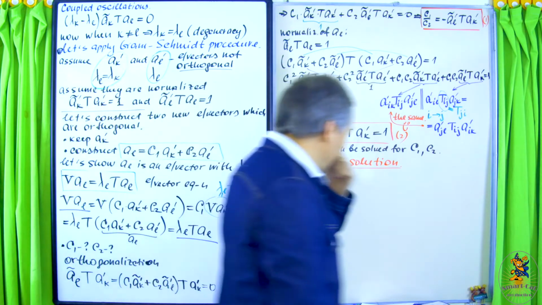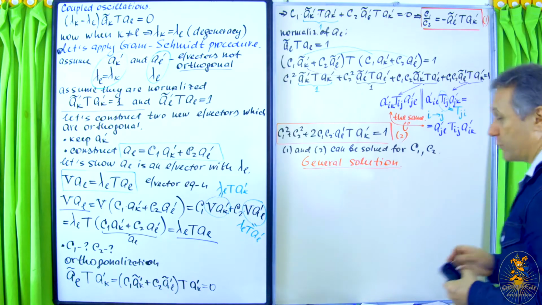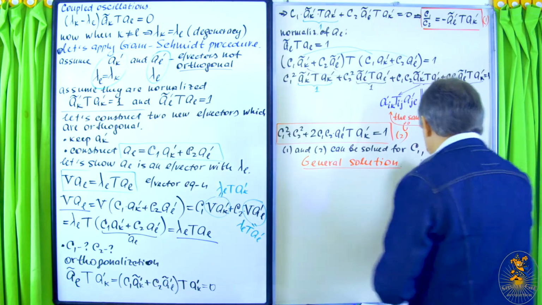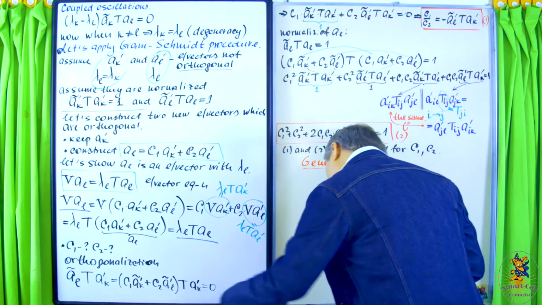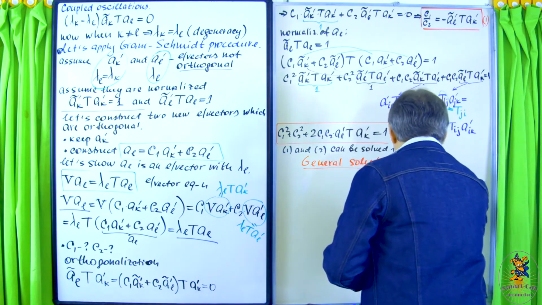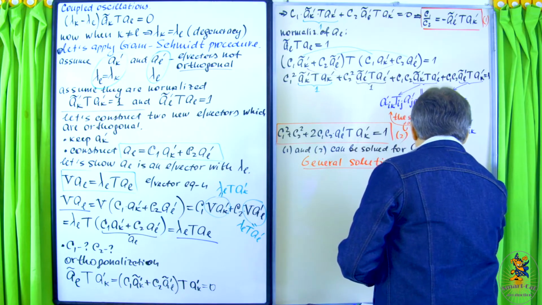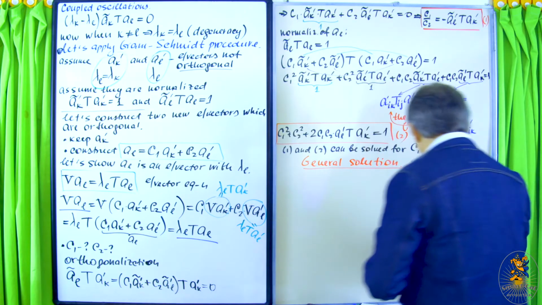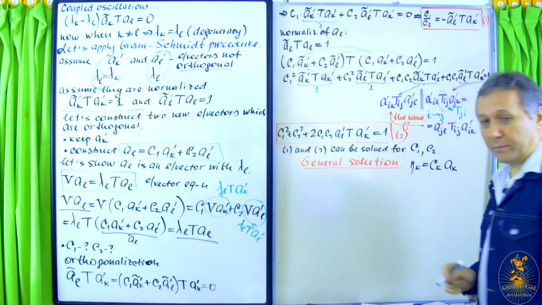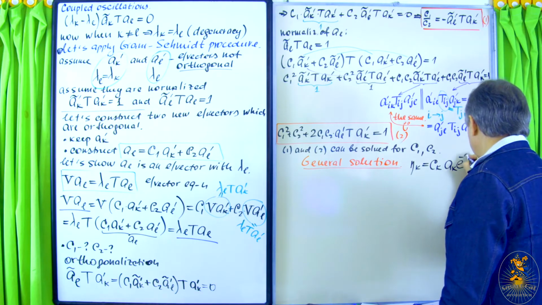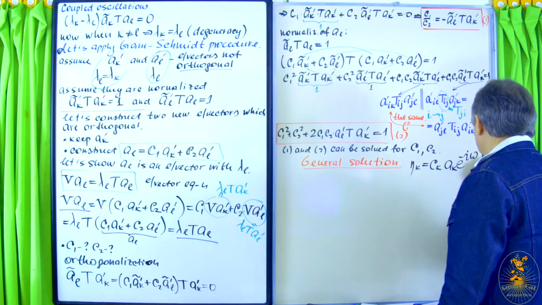So first, let me remind you in which form we were trying to find the solution. Let's use k: eta k equals C k times a column of amplitudes A k, and the time dependence e to the power of minus i omega t.